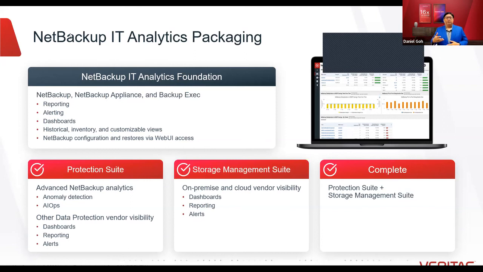In the next phase, we're going to enhance NetBackup to be more autonomous. So what do we mean by autonomous? You want to allow things to happen by themselves, for example, backup. At the end of the day, what you need to do is define your SLA.